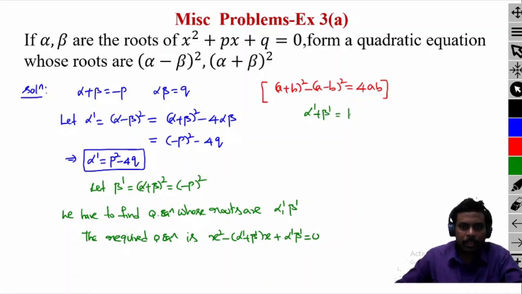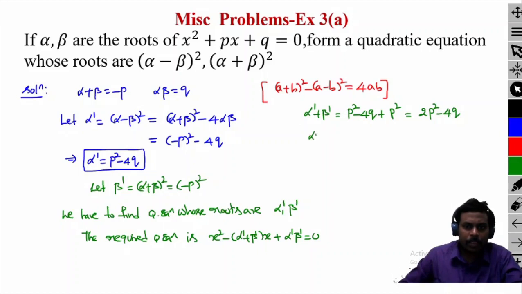Alpha dash is p square minus 4q plus beta dash is going to be p square, that is going to be 2p square minus 4q. Next one is alpha dash into beta dash is p square minus 4q into p square, that is equal to p to the power 4 minus 4 into p square into q.